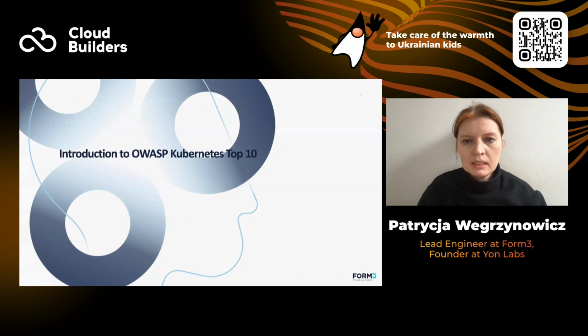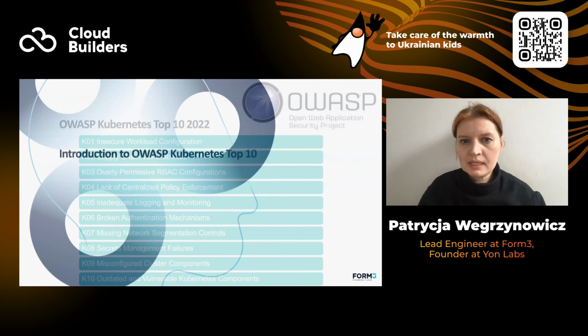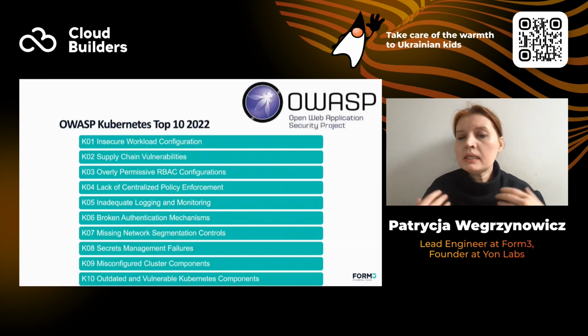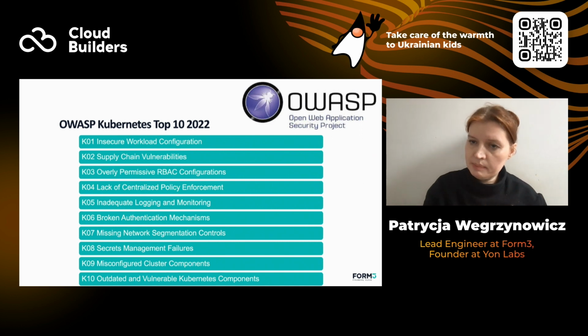So now let's take a look at some OWASP Kubernetes top 10 security risks. Basically, I think that most of you are familiar with OWASP. OWASP stands for Open Web Application Security Project. That's a non-profit organization which aims at increasing security awareness among developers.